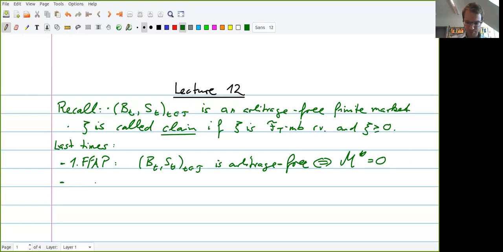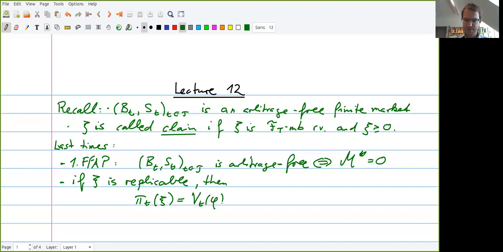And what we also have seen: if psi is replicable, so we can find a trading strategy producing at the terminal time exactly the same payoff as the option psi, then the price process of the option psi, so the price we need to pay at time t for the option psi, is given by the value of a replicating trading strategy.